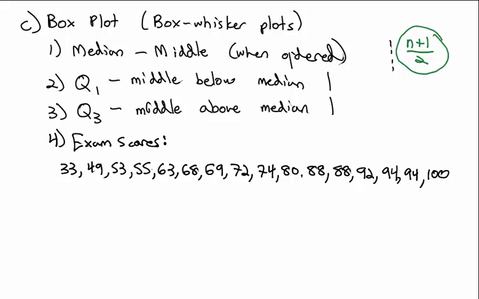So 1, 2, 3, 4, 5, 6, 7, 8.5. The median is going to be between 72 and 74. Well, when we have two values in the middle, we take the average of them. So we'll do 72 plus 74 and divide by 2. The median then is going to be 73.